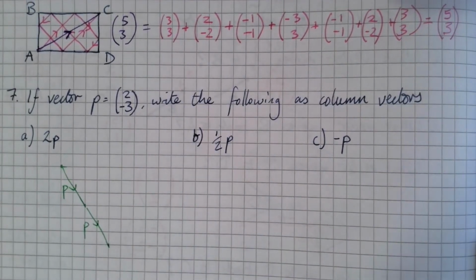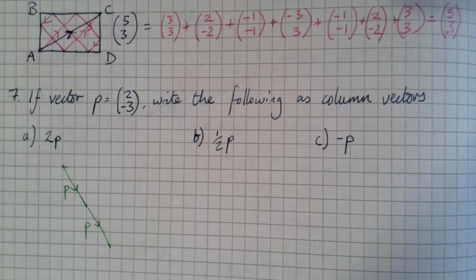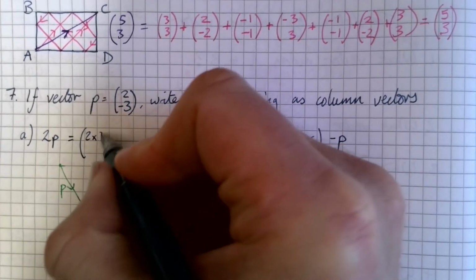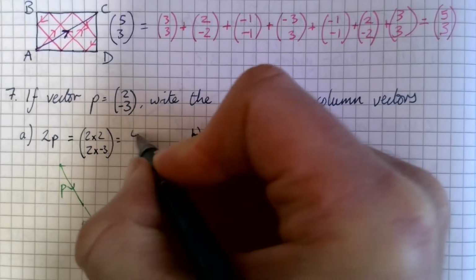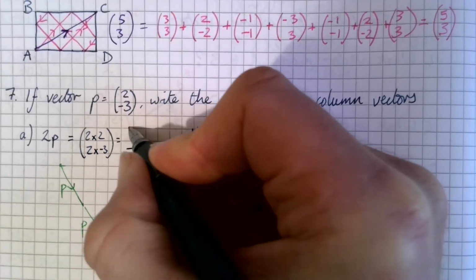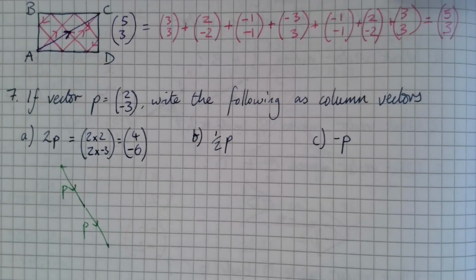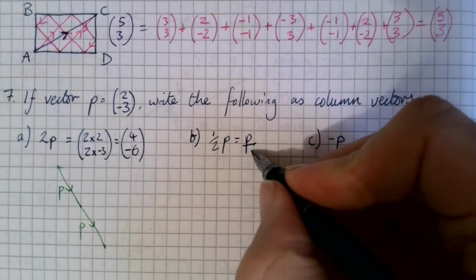And if we've done that twice, we're going to be doubling both the movements. So it's going to be 2 times 2 and 2 times negative 3, which is going to give us 4 over negative 6.